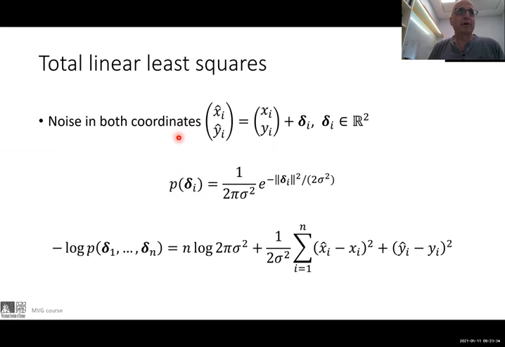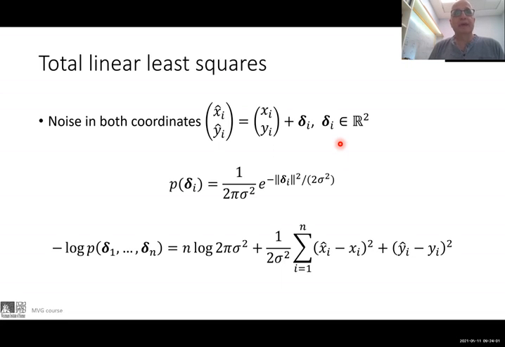So now we are going to assume that the noise is in both coordinates, in x and y. So x hat and y hat are given by the true x, y, which are unknown, plus delta i, and delta i is a vector in R2; you can think of it as some delta x and delta y.